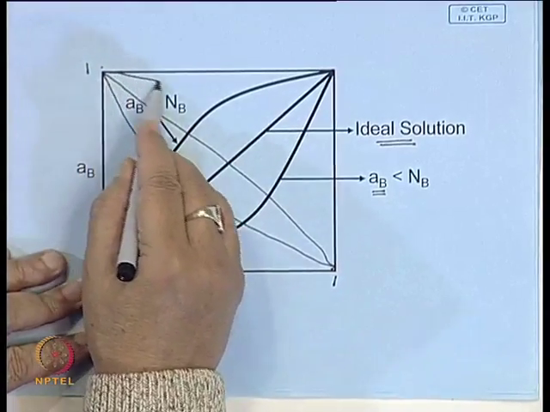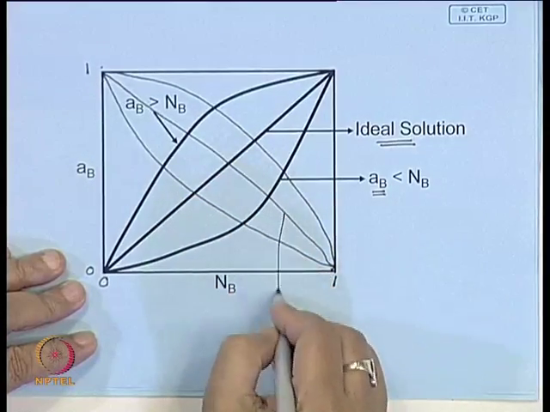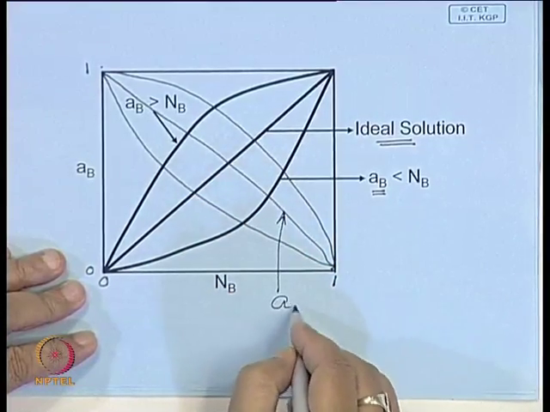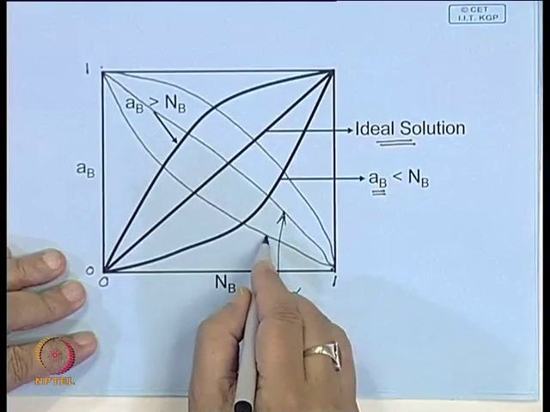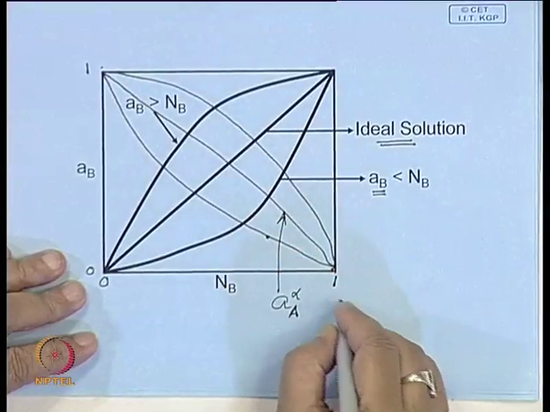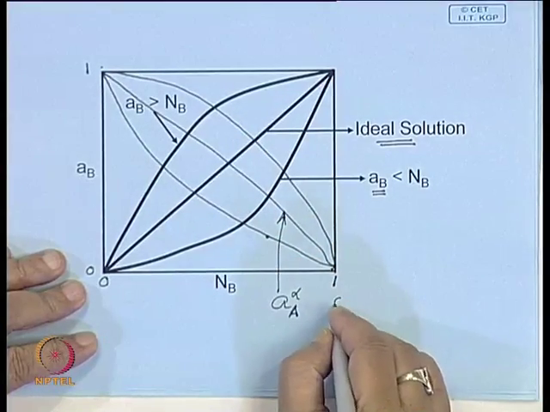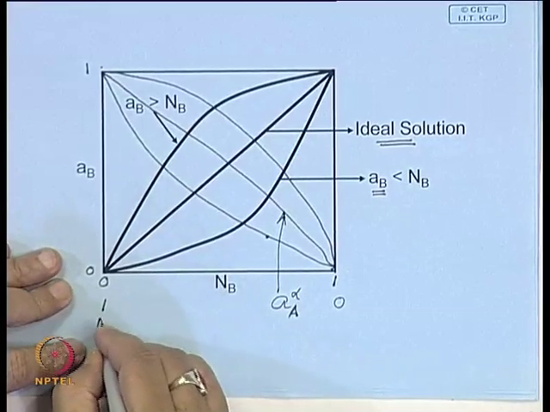You can also think about a positive deviation. So, this is the activity of A in alpha, here also it is a negative deviation, and here N A is 0, and here N A is 1.